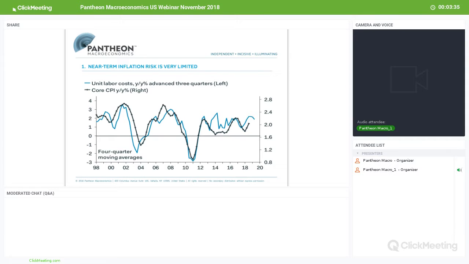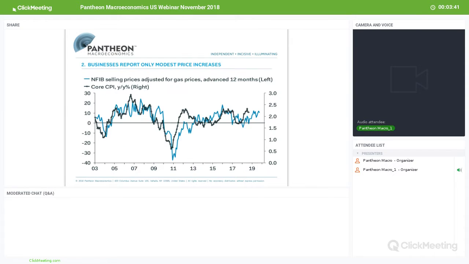The other way to look at it, of course, is to ask what companies are doing with their own pricing. And the message here is equally comforting. This chart is the NFIB selling price number. It tends to be influenced by gasoline prices, so it'll probably drop over the next couple of months. But if you strip the gas price effect out, it tracks the core CPI, or leads the core CPI actually, by about a year.